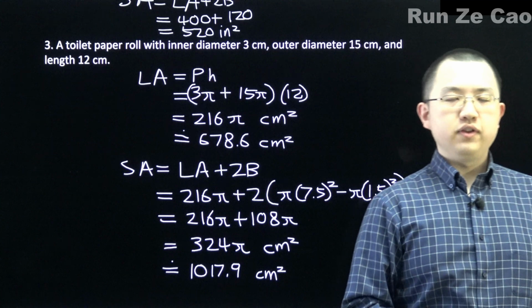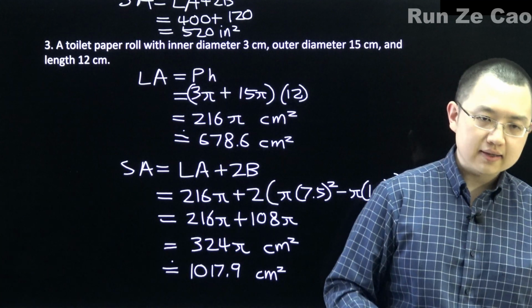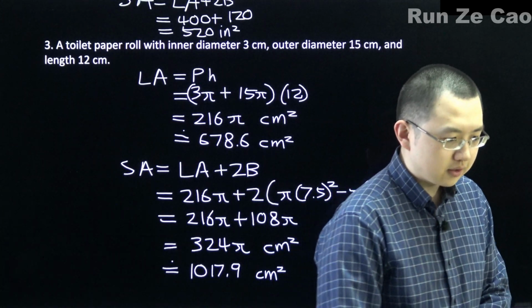This is the surface of this complex shape, which is a cylinder with a smaller cylinder removed from it.